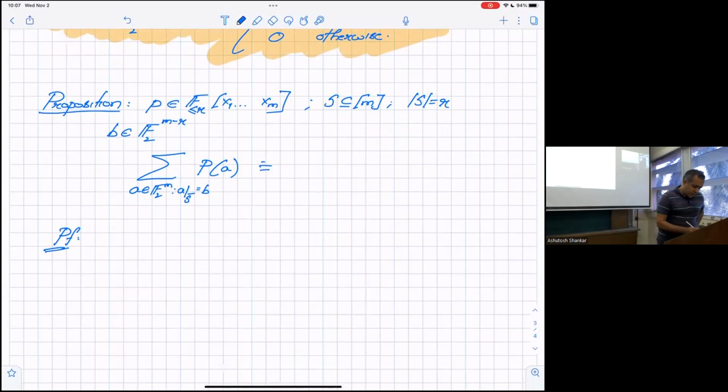So let's define this polynomial. Because it's ranging over this, you can look at the restricted polynomial PB.